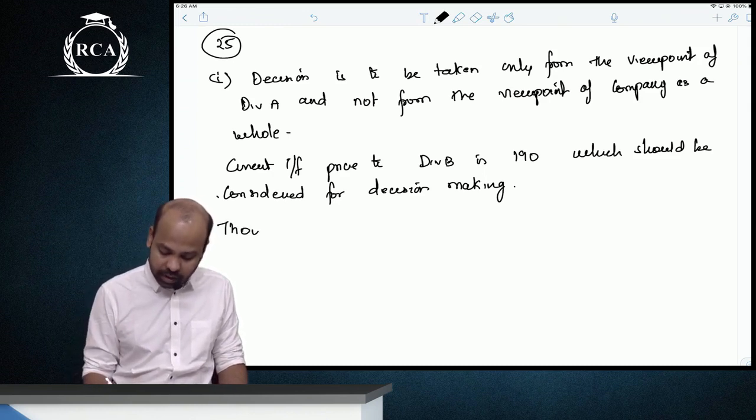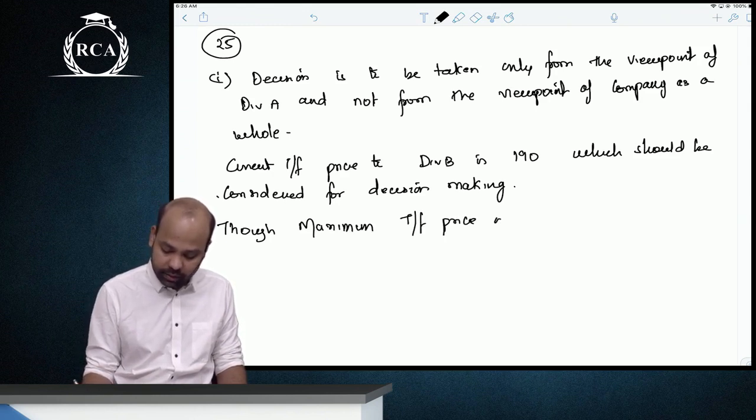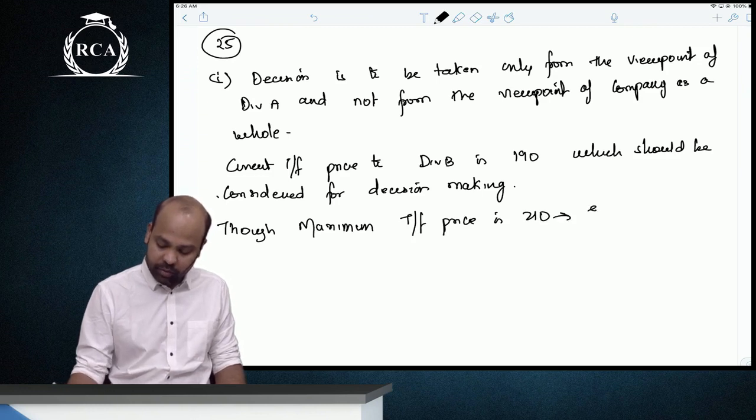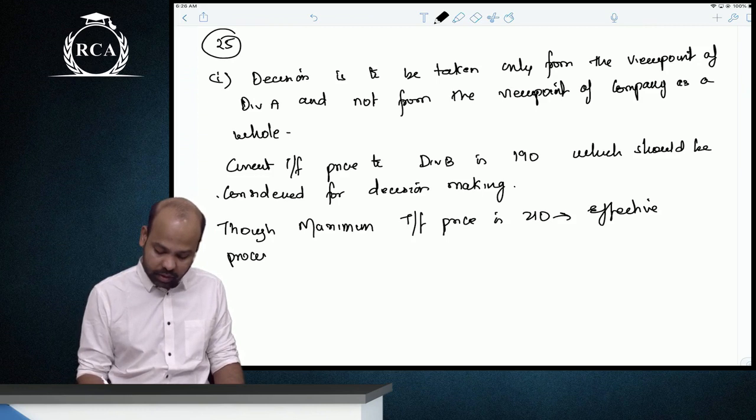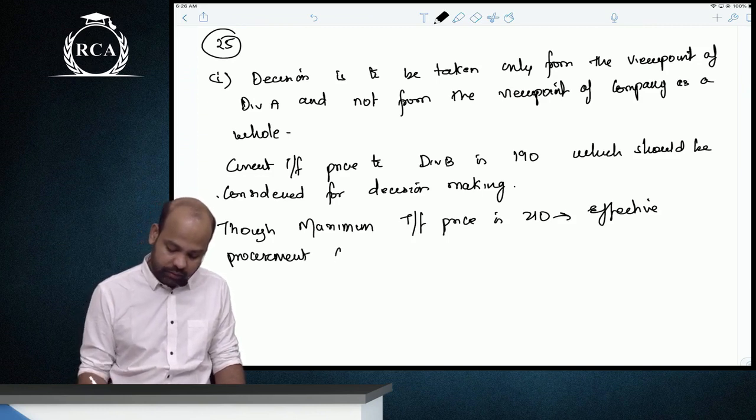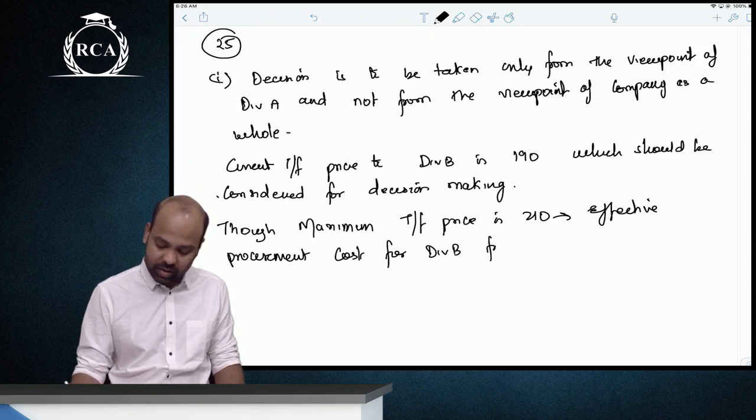The maximum transfer price is 210, the effective procurement cost for division B from the external market.